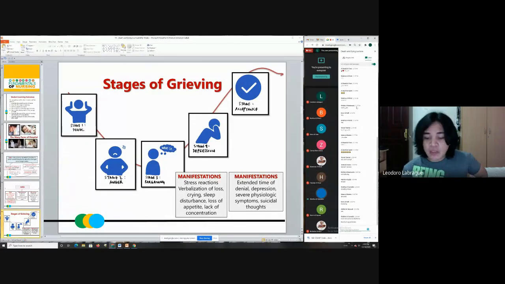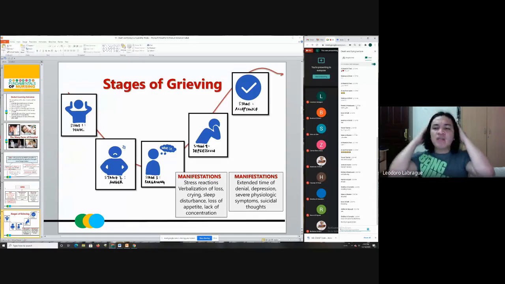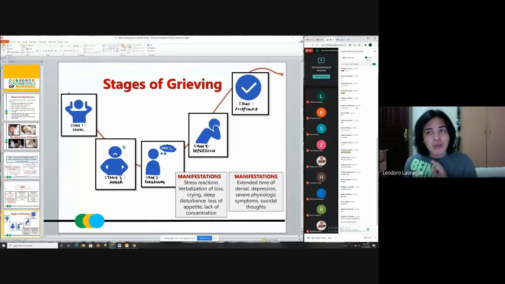Anger is a normal response to a feeling of loss. And you expect some patients who are experiencing loss to be angry towards the family, towards the nurse, towards the doctor, and so on. So what do you do? Shaika says, I need to provide emotional support to the patient. Should I shout back to the patient because the patient is shouting at me? No. Should I feel angry towards the patient because the patient is shouting at me?